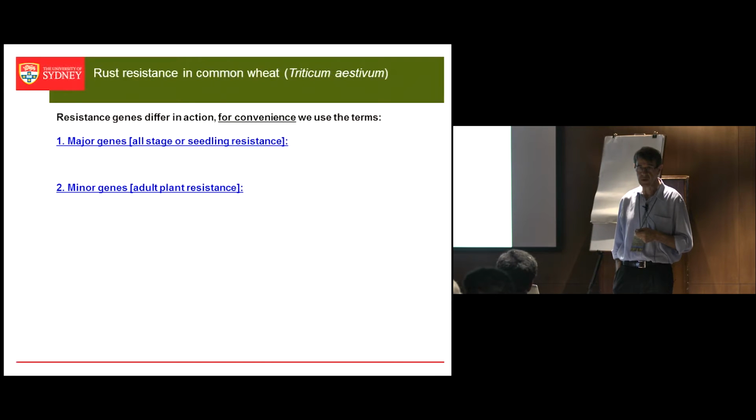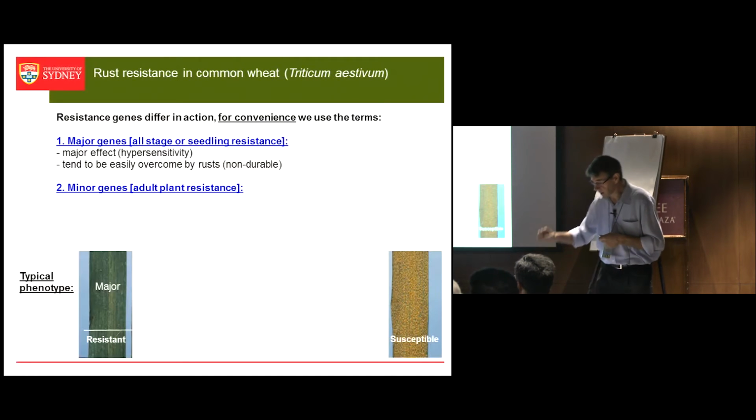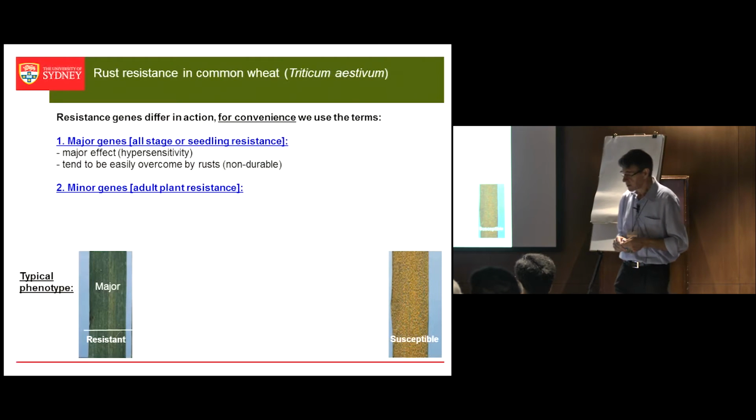So those terms are almost the same, but I emphasise that there are exceptions, and I'll illustrate what I mean by that. As I've said, these are terms of convenience, all right? The use of major and minor, they're really just terms of convenience.